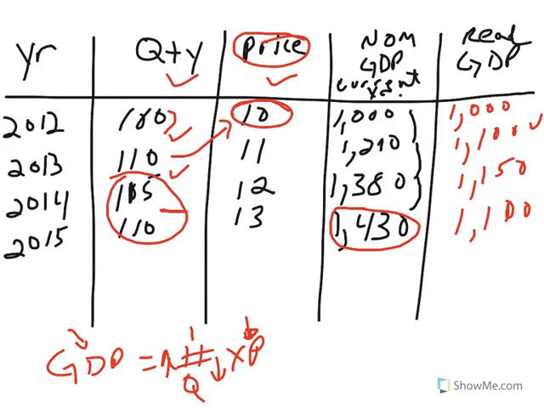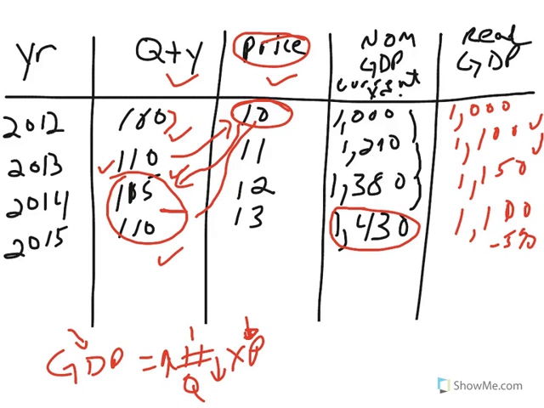When we multiply $10 by 115 units, we have a real GDP increase of 5%, which matches our production increase. But when we multiply the quantity produced in 2015, we see a reduction of about 5% in real GDP, which reflects the reduction in the quantity produced.